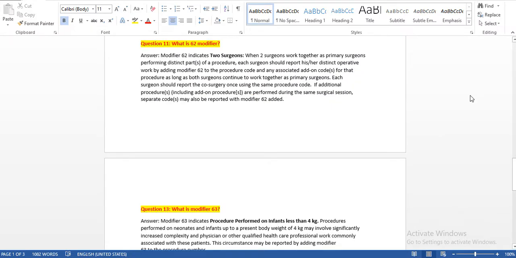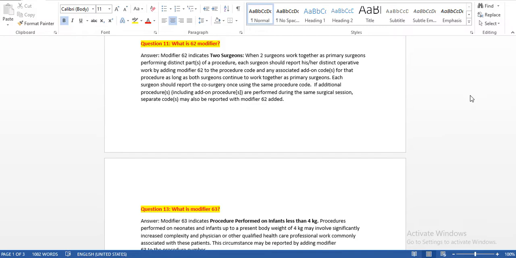Question 11. What is 62 modifier? Modifier 62 indicates two surgeons, which is self-explanatory basically. When two surgeons work together as primary surgeons performing distinct parts of a procedure, each surgeon should report his or her distinct operative work by adding 62 to the procedure code and any associated add-on codes for that procedure, as long as both surgeons continue to work together as primary surgeons.